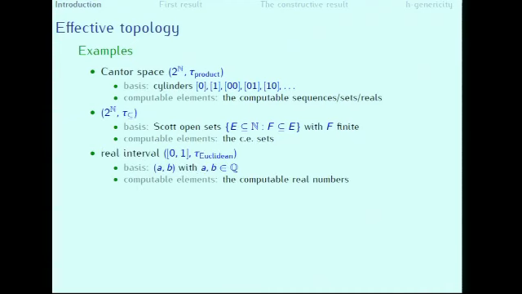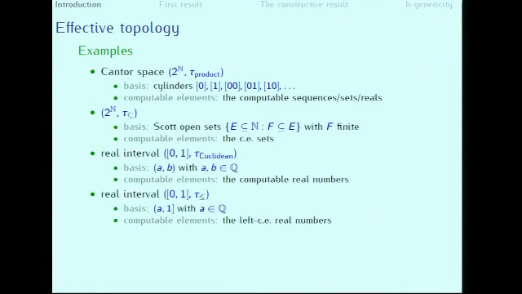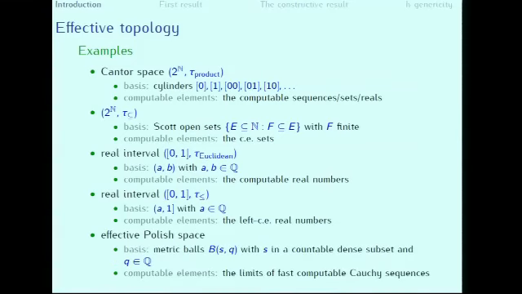For the real interval, you can also put this particular topology where the open sets are only right semi-lines, and you get the left CE real numbers as computable elements. Another important class is the effective Polish spaces. Jason defined them yesterday, and these are the spaces with which we will work.